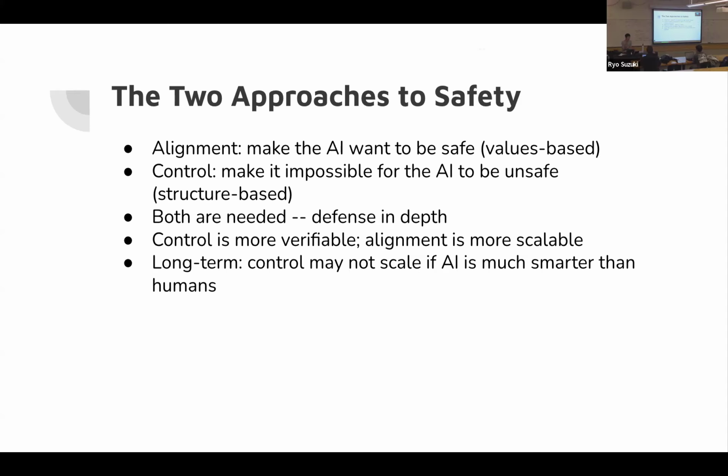Alignment is making the AI want to be safe, so it's more of an implicit approach. And control makes it impossible for the AI to be unsafe, so it's a very explicit approach. And both approaches are needed. So it's defense in depth, with both implicit and explicit approaches.